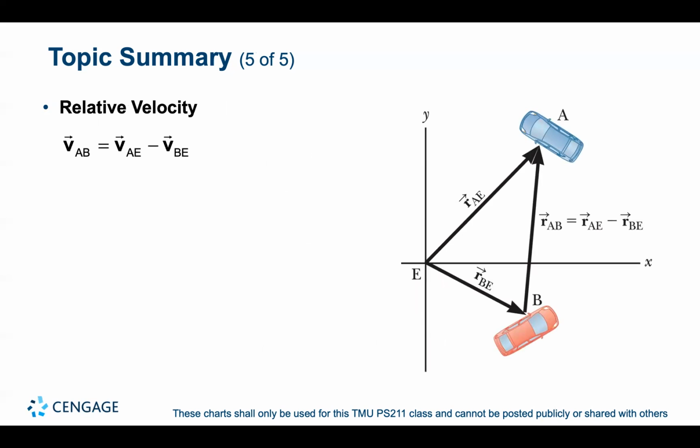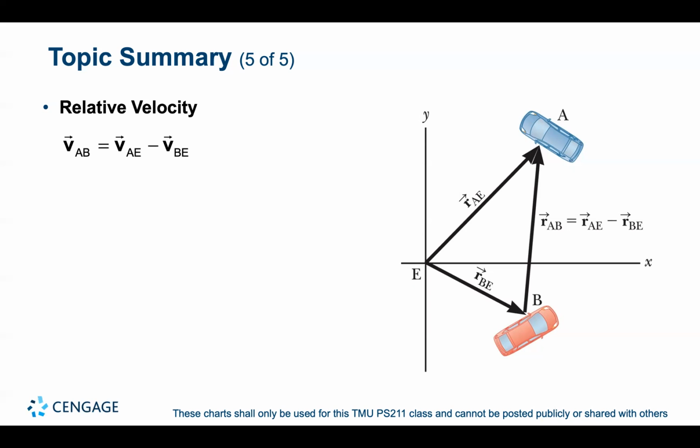And then finally, we talked about relative motion. So here, let E be an observer, okay? And B is a second observer traveling with velocity V sub BE as measured by E, as shown in the figure. If E measures the velocity of an object A as V sub AE, then B will measure its velocity as V sub AB, which is equal to V sub AE minus V sub BE.